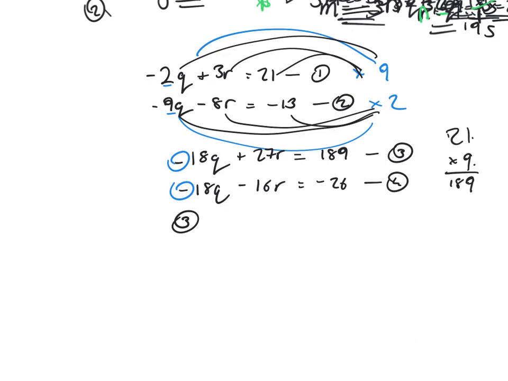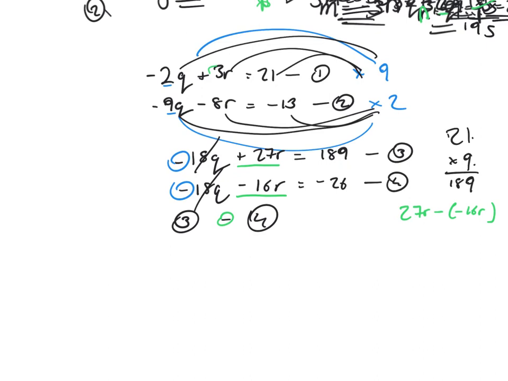So 3 take away 4, or I could do 4 take away 3. Okay, they'll cancel out. Okay, so I've then got 27r minus 16r. So be careful, it's not 27r minus 16r, it's 27r minus minus 16r.